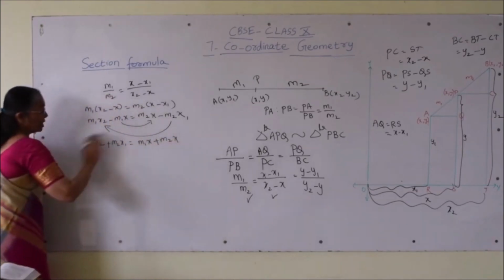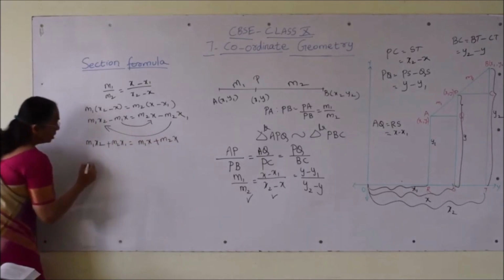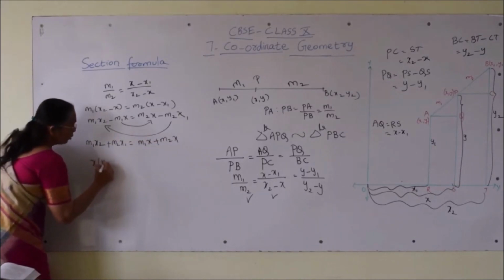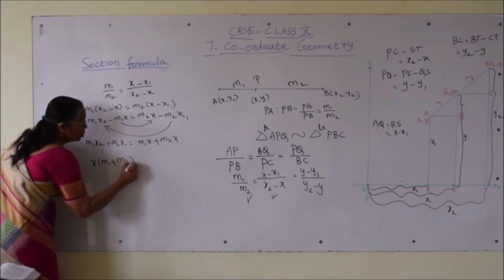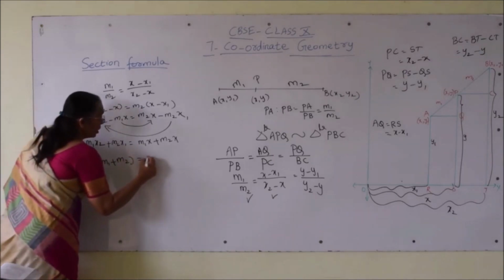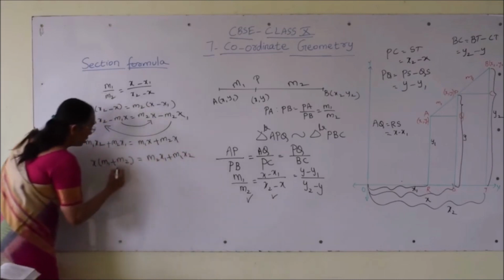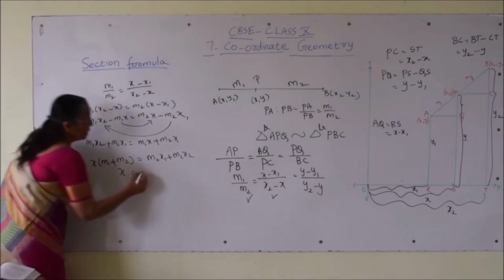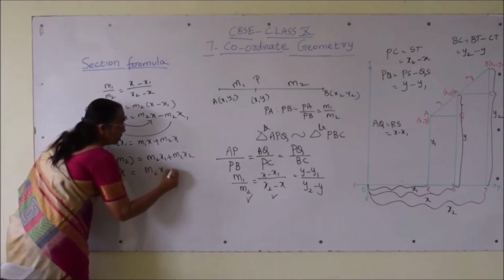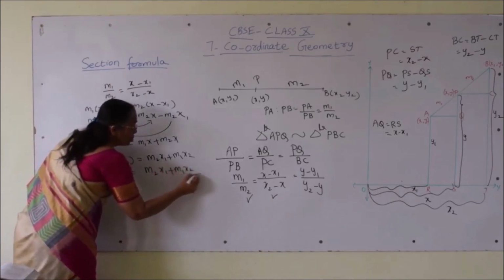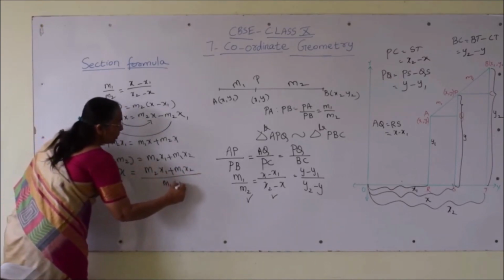So, just shifting left to right and right terms to left, we will get x of (m1 plus m2) is equal to m2 x1 plus m1 x2, or the x coordinate is nothing but (m2 x1 plus m1 x2) divided by (m1 plus m2).